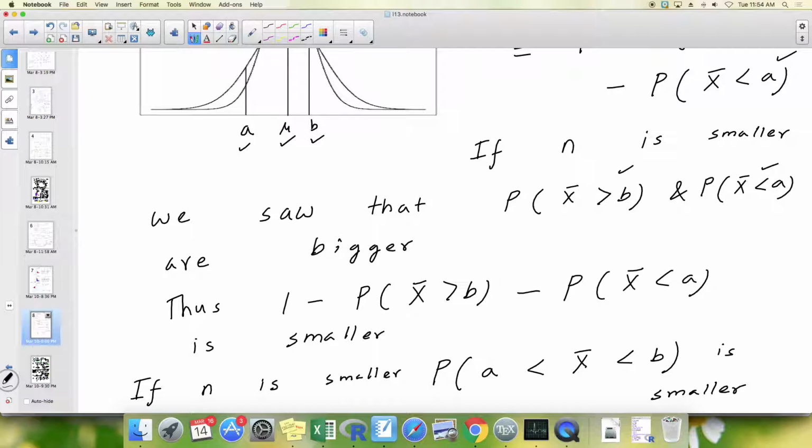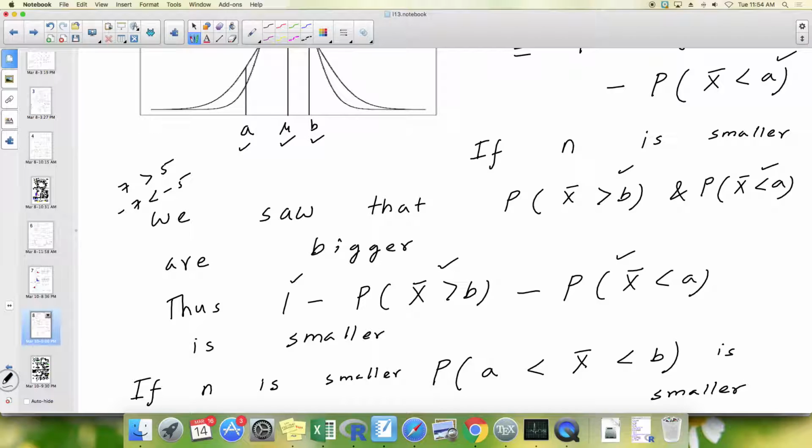That means 1 minus right tail minus left tail should be smaller. It's just like saying, if a number goes bigger, then the negative goes smaller. If 7 is bigger than 5, then minus 7 is smaller than minus 5.